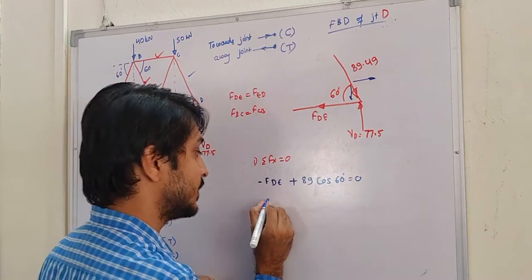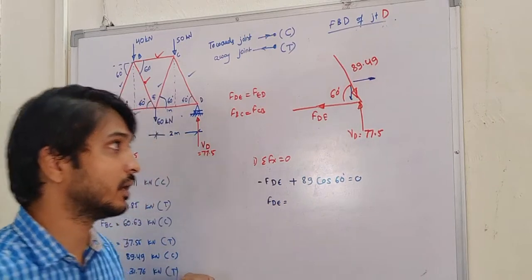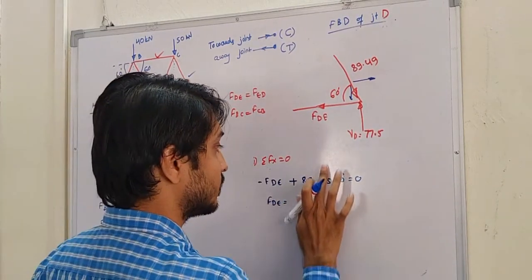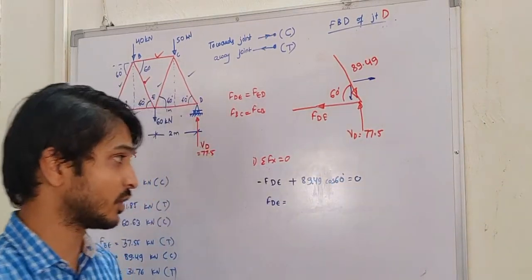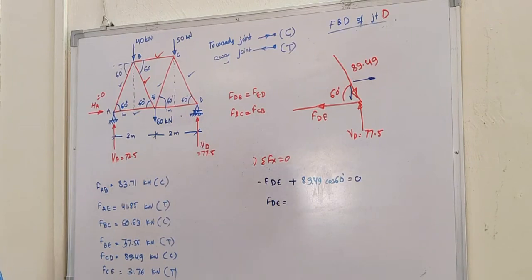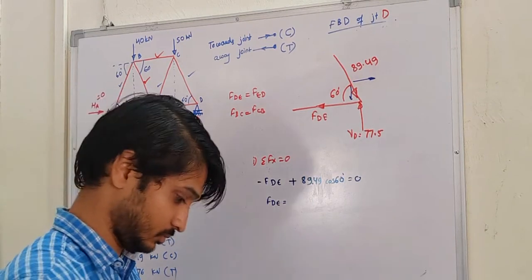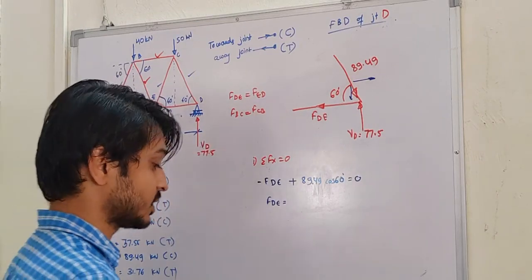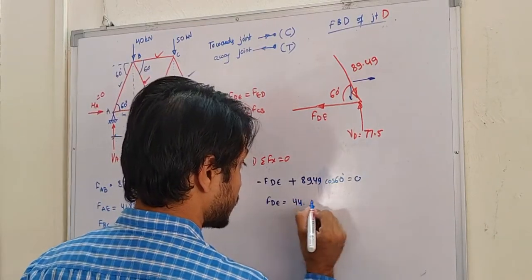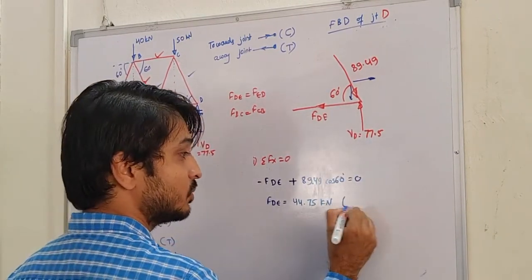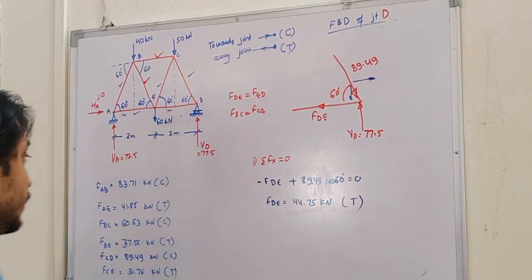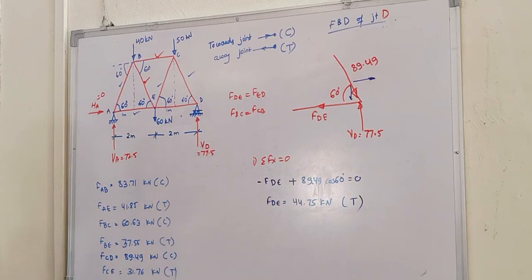So if I send this to the other side, FDE is equals to 89.49, sorry, 89.49 cos 60. So I get 44.75 kilonewton. So I assume tension and I got the value positive, so I'll keep it as tension. So we have calculated all 7 member forces. So this is the problem.